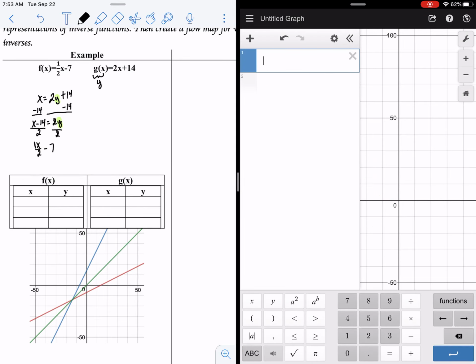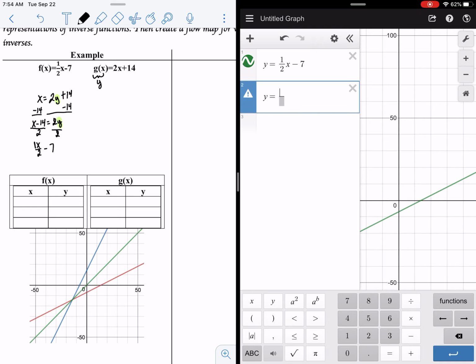So I'm going to say y equals 1/2. So division. I hit the division button first, then I type my numbers. Arrow over, x minus 7, and I get a graph. And now, because I'm verifying that my answer, 1x over 2 minus 7, is the same as my f of x function, I want the graphs to overlap this time.